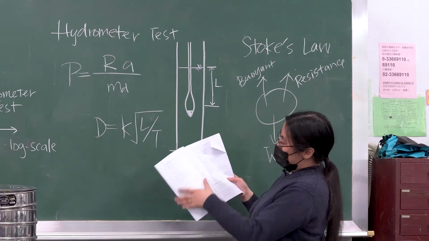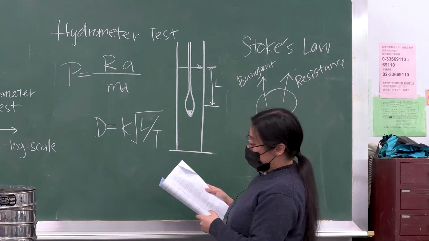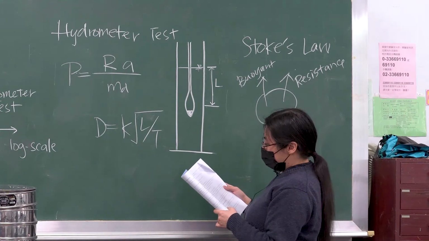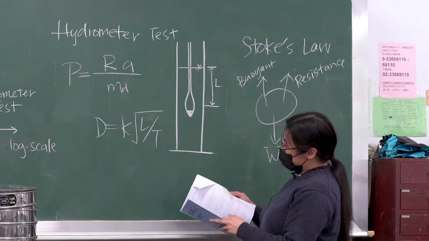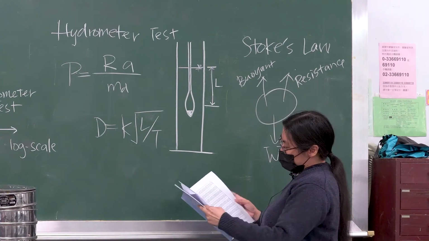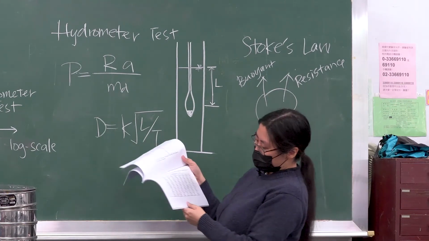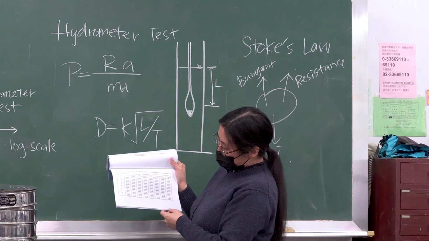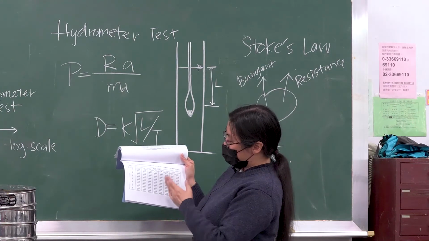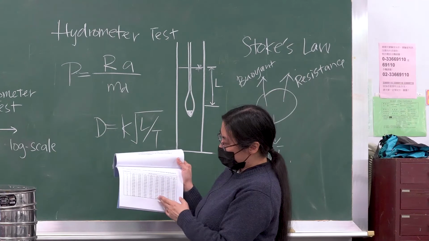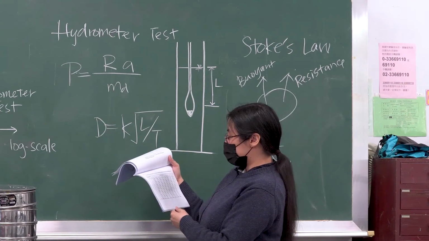In addition to the parameter P, you also have parameter D, which is related to K, L, and T. K is a correction factor, which depends on temperature and specific gravity. If you look at page 17, for a particular specific gravity value and temperature value, you will have a specific K value.